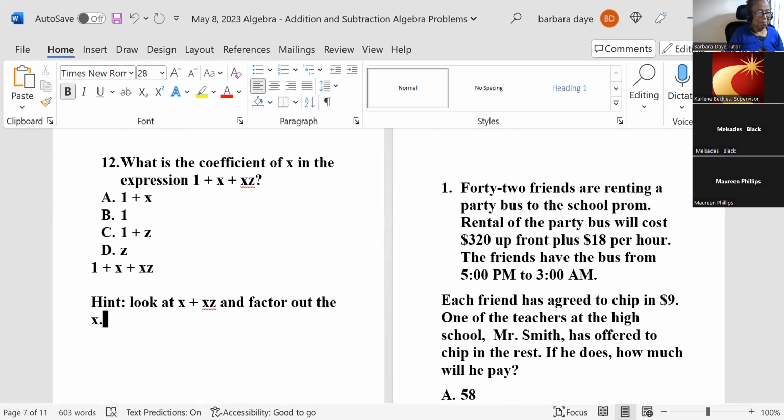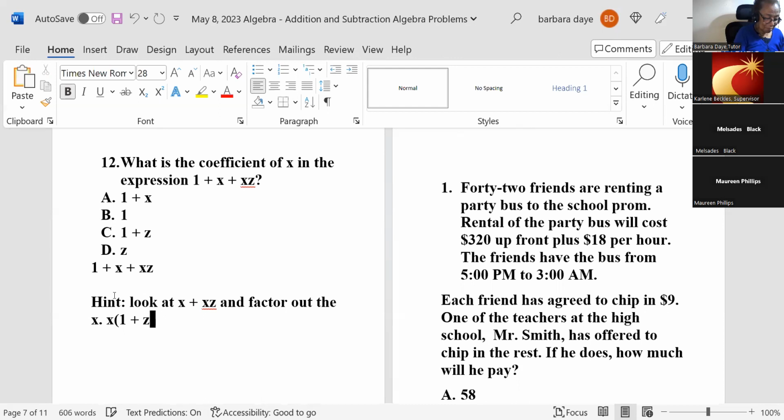That's a variable. She said, what is the coefficient? She said, look at the x, and factor out the x. If you factor out the x, you're going to have... So the answer is C then? I say the answer is D. That's a variable.